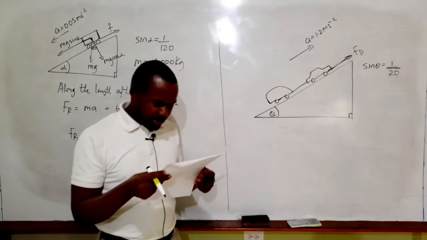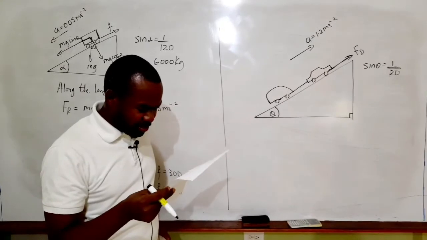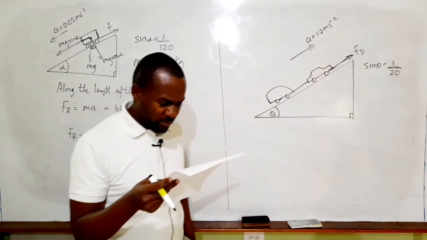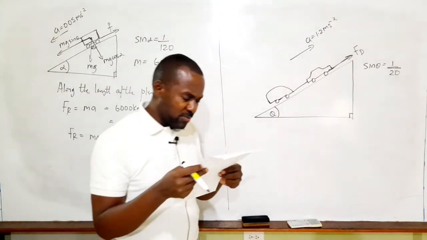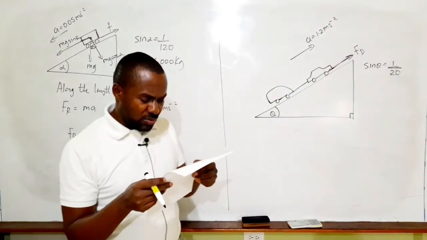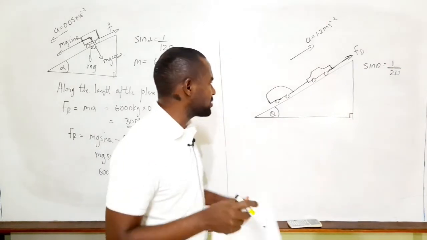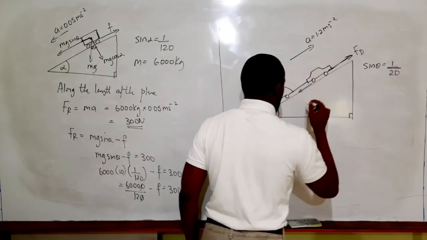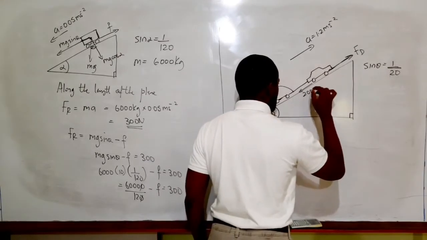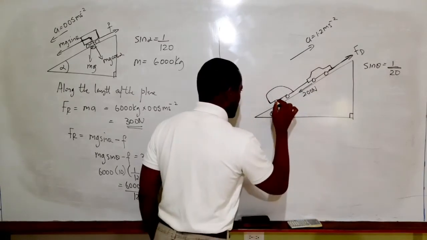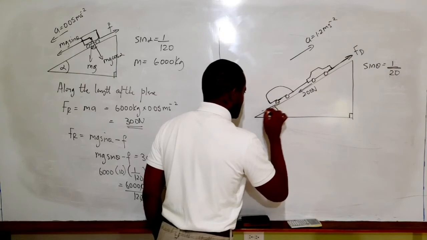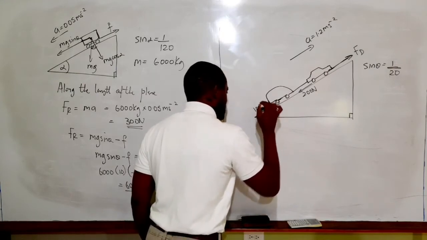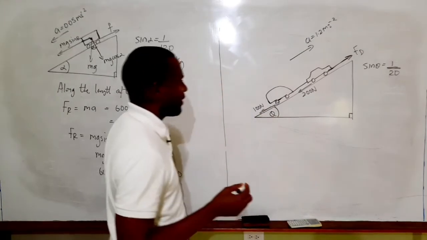We're told that there are frictional resistances of 200 newtons and 100 newtons acting on the car and the caravan respectively. So right here, there is a frictional force of 200 newtons acting on the car. And there's also a frictional force of 100 newtons acting on the caravan.